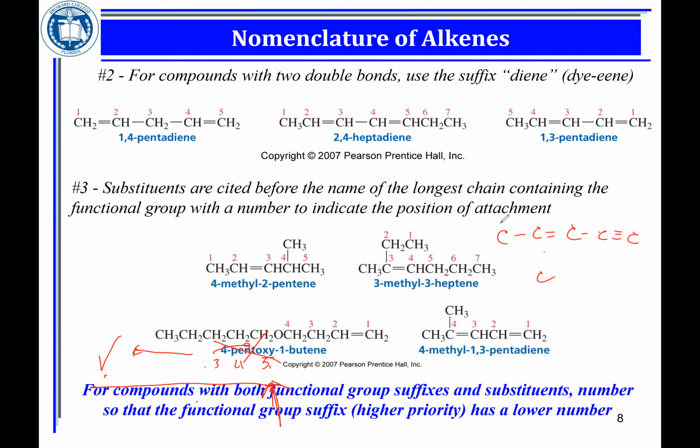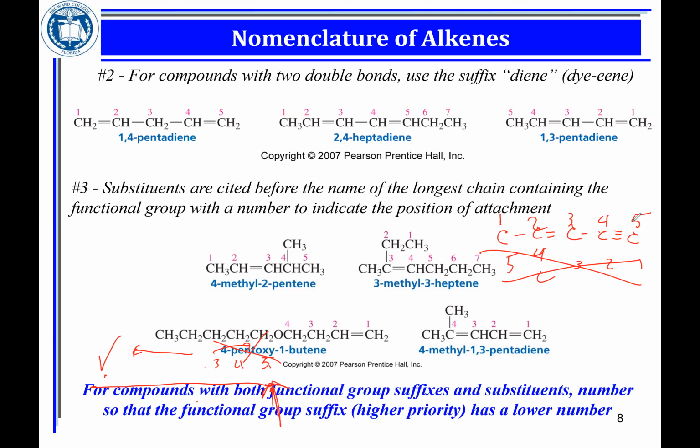So the correct name is going to be 1, 2, 3, 4, 5, and not 1, 2, 3, 4, 5. This would be incorrect. Double bond takes priority over triple bond as well. This is one of the exceptions. But triple bond takes priority over single bond or long carbon chain as well. But if you are comparing double bond and triple bond, double bond takes priority over triple bond.